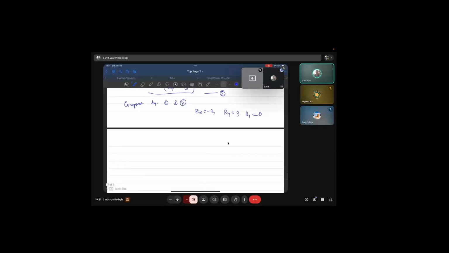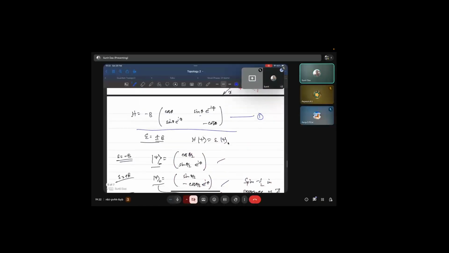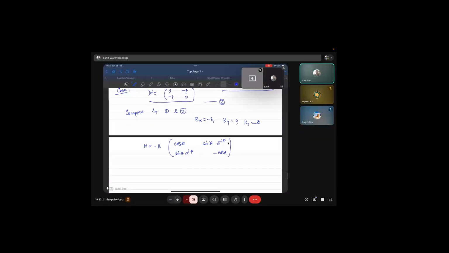So we had a Hamiltonian of minus b times cos theta, sine theta e to the power minus i phi, I think, or plus i phi, and sine theta e to the power plus i phi, minus cos theta. Now compare these two. So minus b is already minus t, right? And we have here 0.